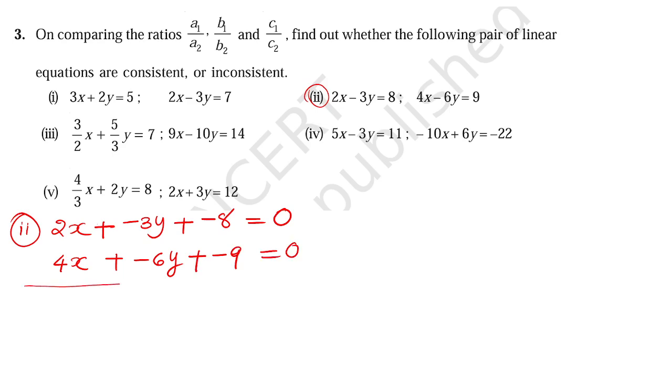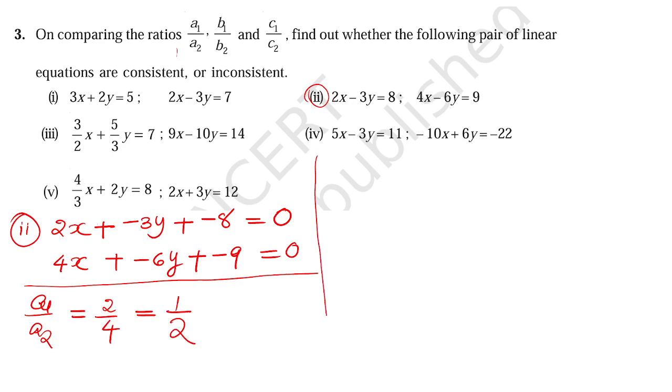It's a very simple question actually. Now the two equations are in the standard form, ax plus by plus c equal to 0. The first ratio is a1 by a2, which is 2 by 4. You can reduce the ratio. 2 by 4 reducing, you will get 1 by 2.